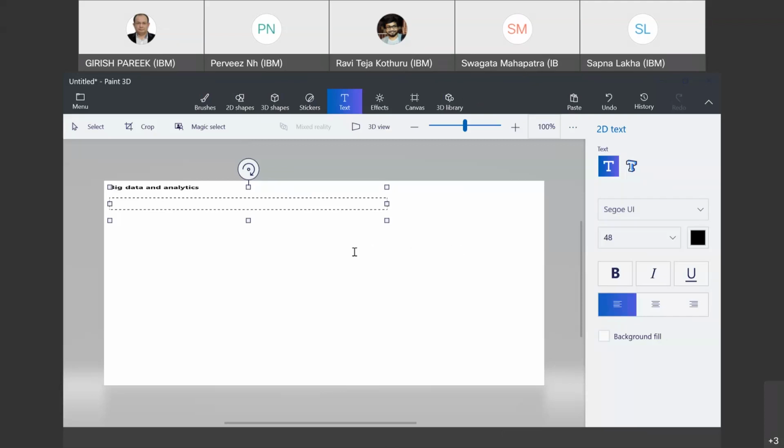Data is collected from, for example, your GPS sensor, from satellites, from weather forecasting systems, and from different social media platforms.